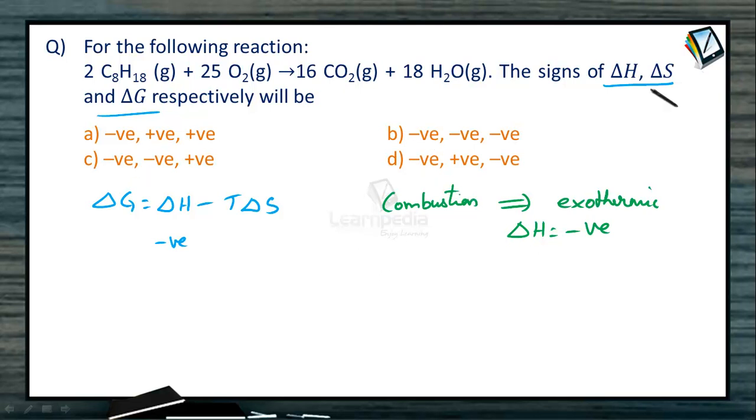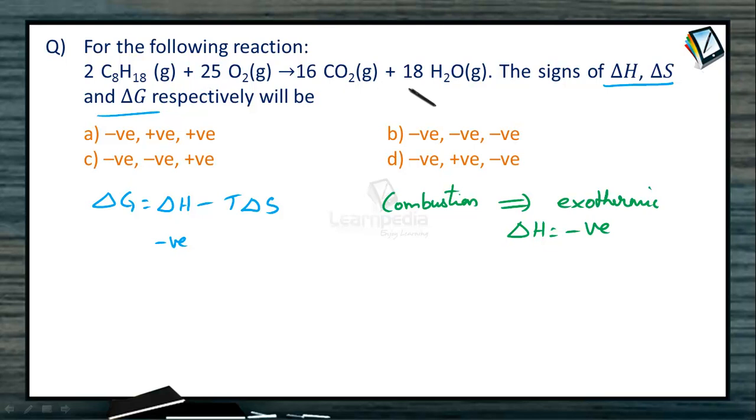Now let's find out what is the sign for delta S. And here when you compare the number of moles of gaseous reactants as well as gaseous products, there is an increase in the number of gaseous moles, isn't it? Here there are 25 plus 2, that is 27 moles of gaseous substances in the reactant side and 34 moles of gaseous products on the product side.